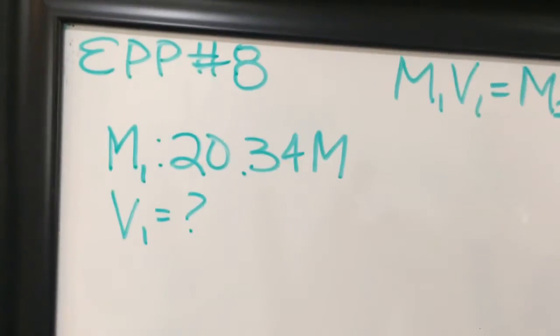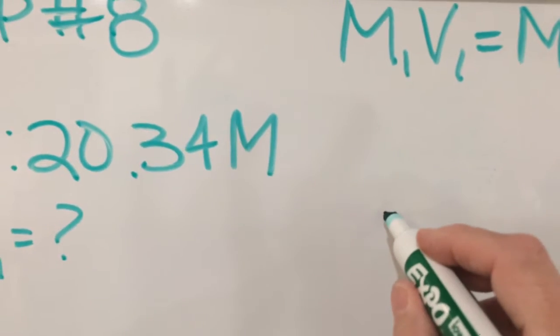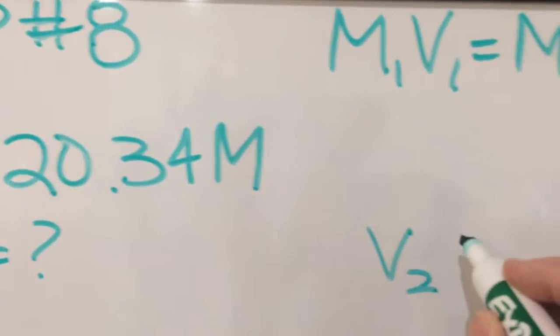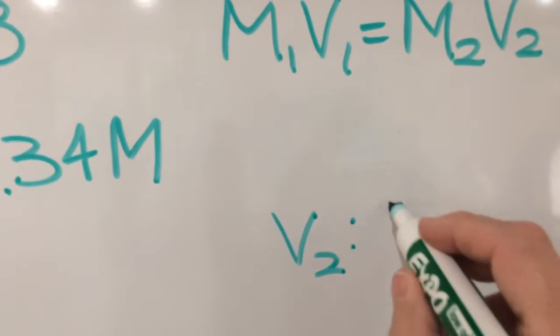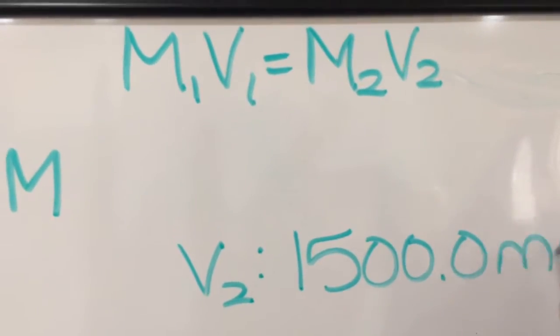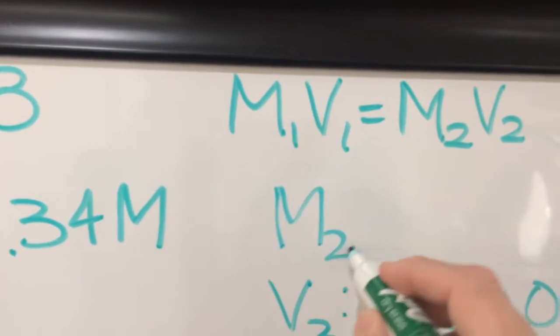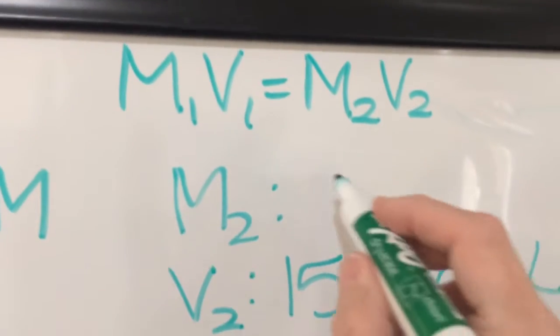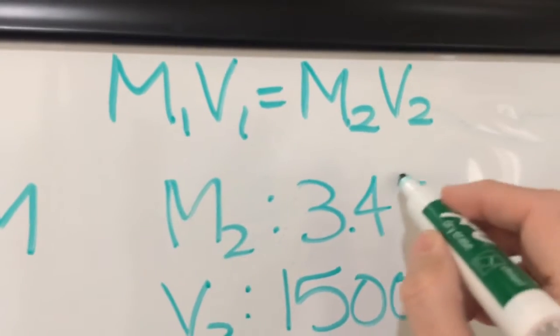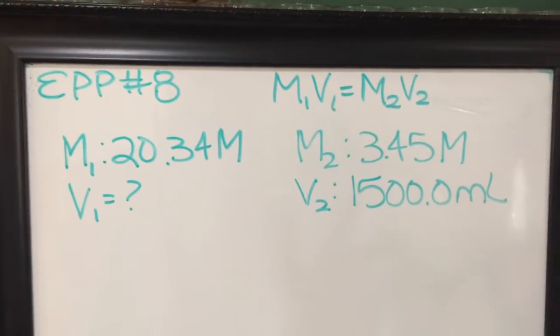Okay, it also tells us that my desired volume of my solution is going to be 1,500.0 milliliters, and I want the molarity of the new one to be 3.45. Okay, so we have everything we need to do this problem now.